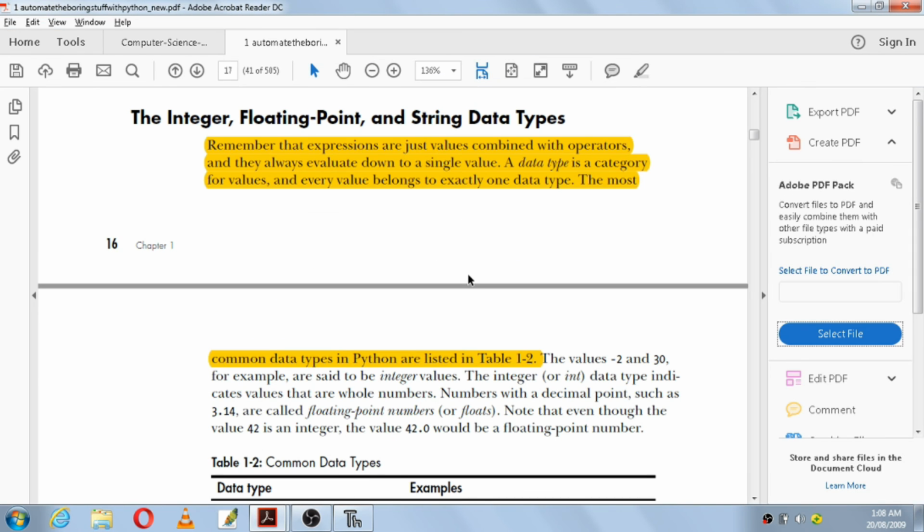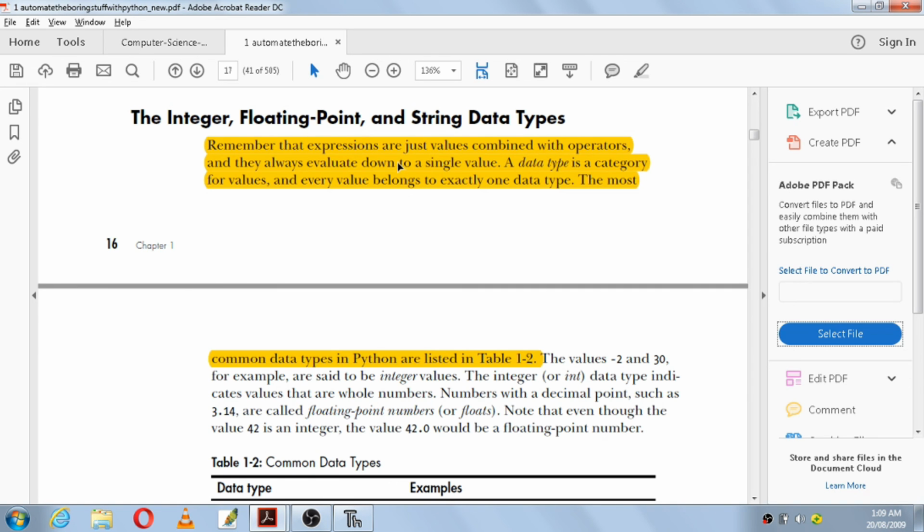The next topic we are discussing is the integer, floating point and string data types. What they've written is, remember that expressions are just values combined with operators and they always evaluate down to a single value. A data type is a category for values and every value belongs to exactly one data type.